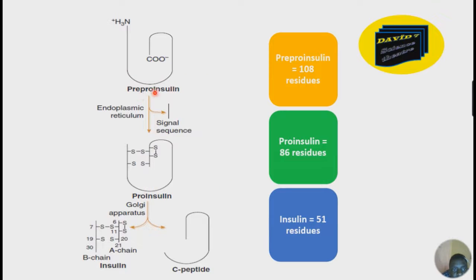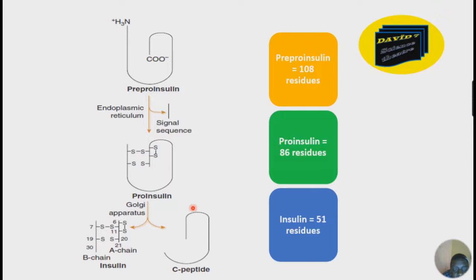In pre-proinsulin, we have the signal sequence attached to the proinsulin. So in the endoplasmic reticulum, they cleave off the signal sequence. Now the next stage occurs in the Golgi, where the formed proinsulin is cleaved off the C-peptide.